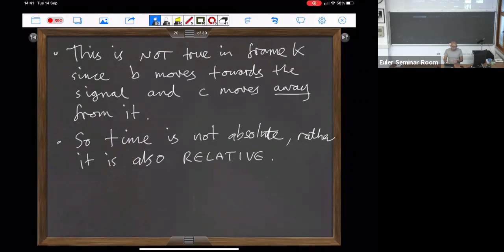Rather, it's also a relative concept, as we will elaborate more today, that moving clocks moving relative to one another measure different times. That's one way of putting it, and we'll see how that works in detail today.